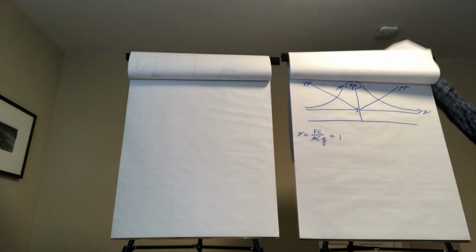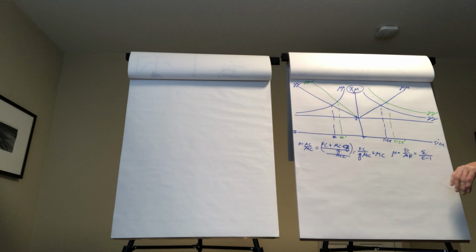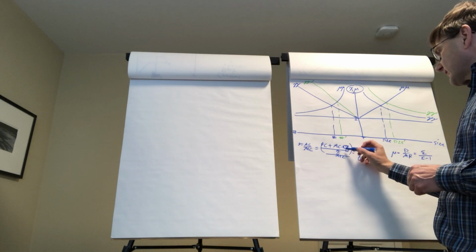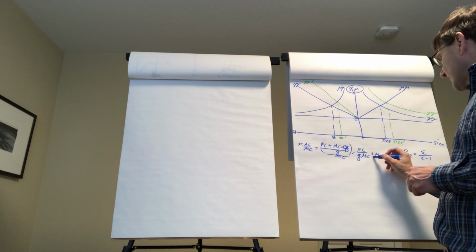And boy, that makes me worry that I made a mistake back here. Let's see if I did make a mistake. We had to have fixed cost. Oh, nope, we had to have that over marginal cost.